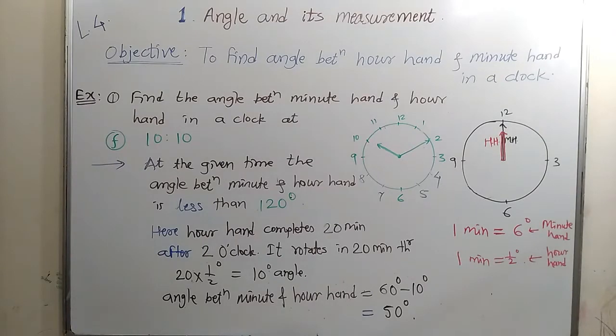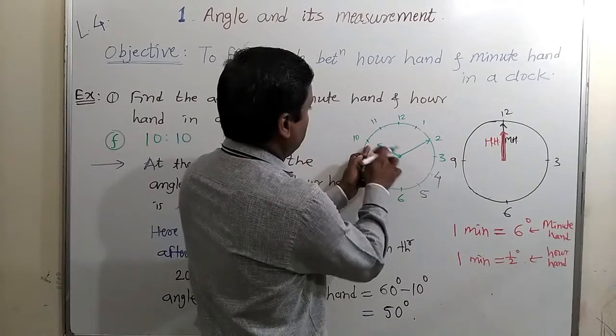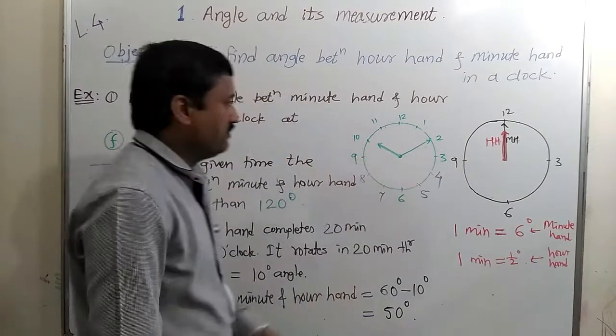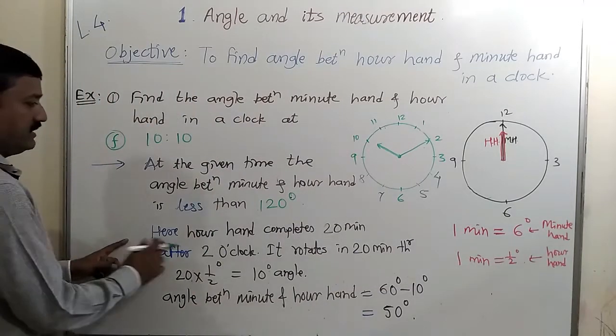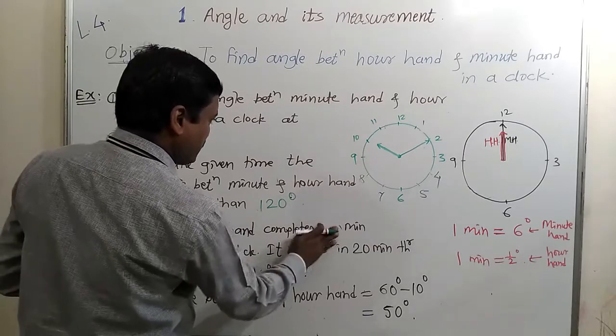If this hour hand points 10, then the angle will be 120, but it is not possible. Here, hour hand completes how many minutes? 10 minutes.